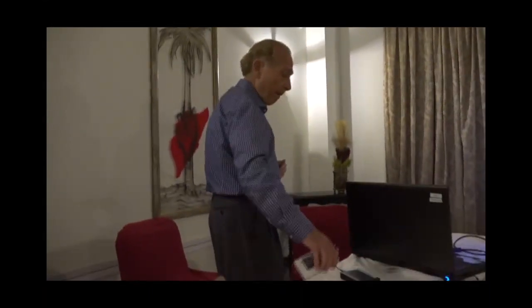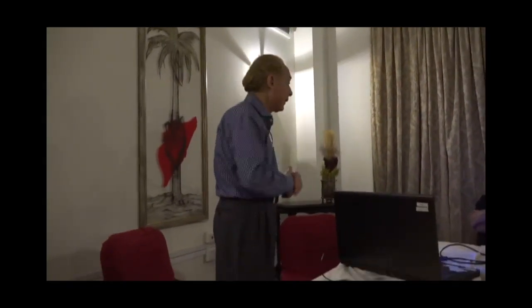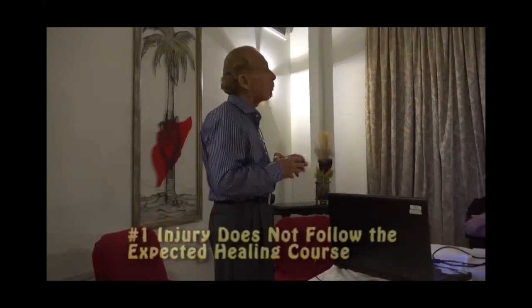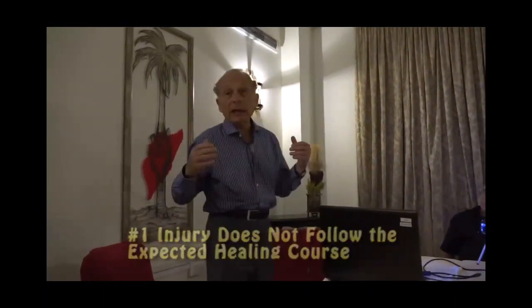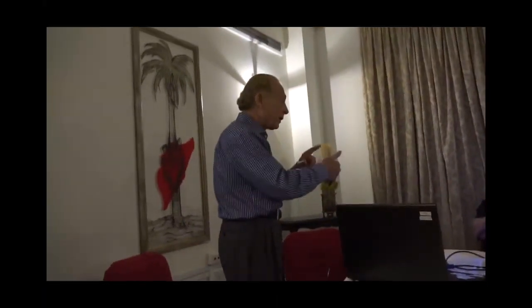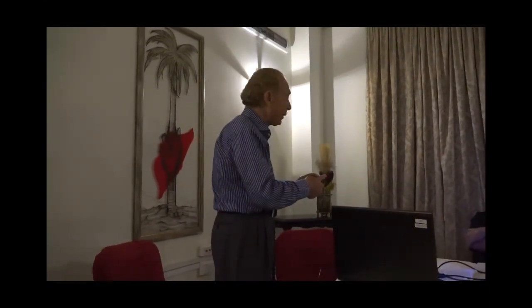For example, let's talk about the clinical history. When do you think you have RSD? It's when there's three criteria. Well, number one, when the injury does not follow the normal healing course. For example, if you get a sprained thumb, you expect within a week the swelling's going down, the pain's decreasing.